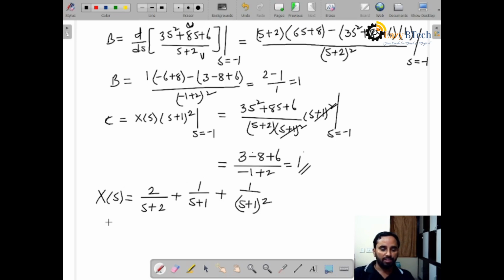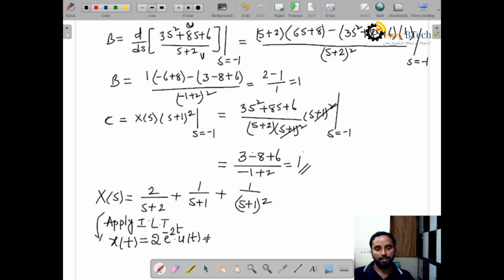So by applying inverse Laplace transform, this x of s will become x of t. This is like 1 by (s plus a), so 2 e power minus 2t u of t, plus 1 by (s plus 1), e power minus t u of t, plus this is 1 by s square.